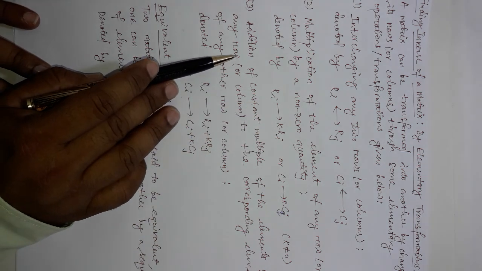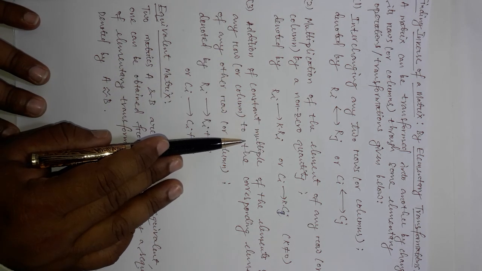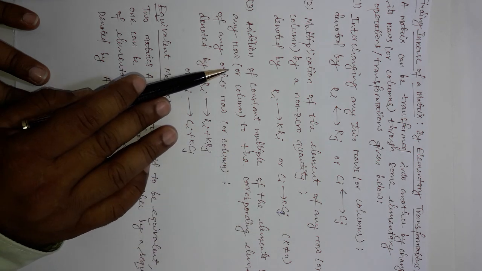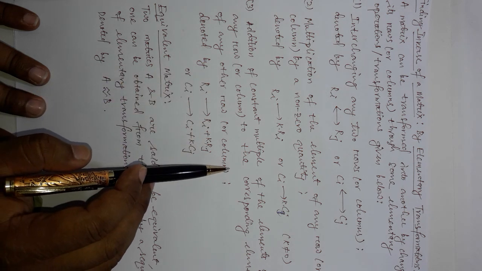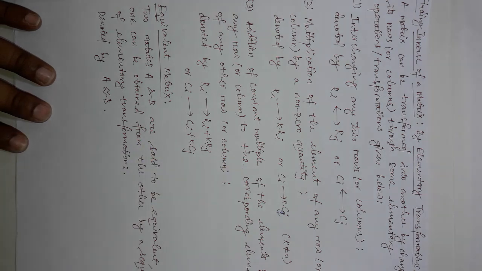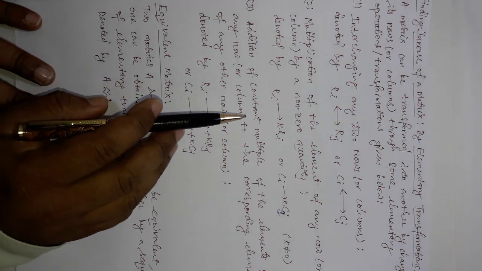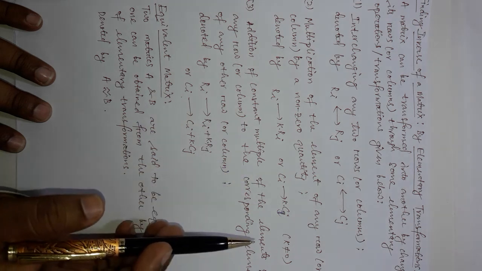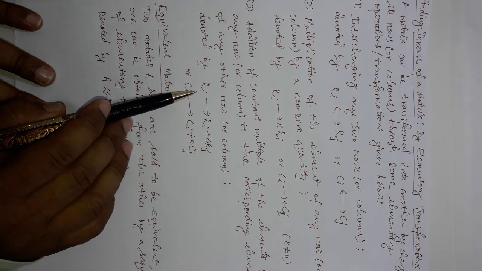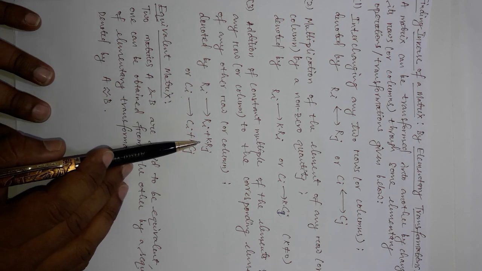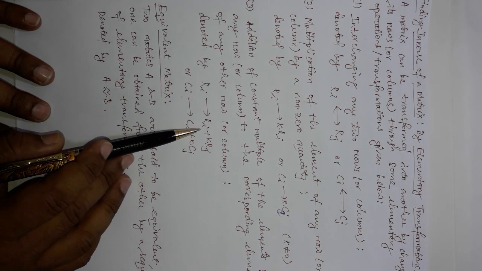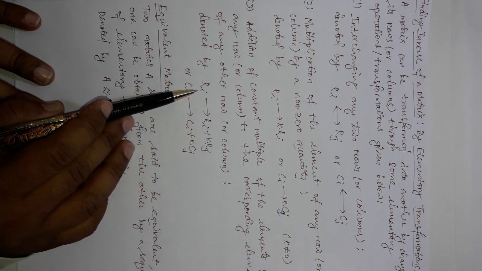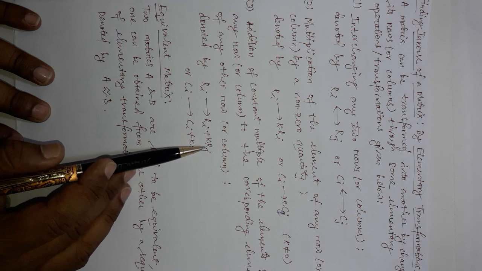Now, the third elementary transformation is the addition of a constant multiple of the elements of any row or column to the corresponding elements of any other row or column. This is a very important one. We discussed this before also. Say I want to change row 1 by adding 6 times row 2 to it.